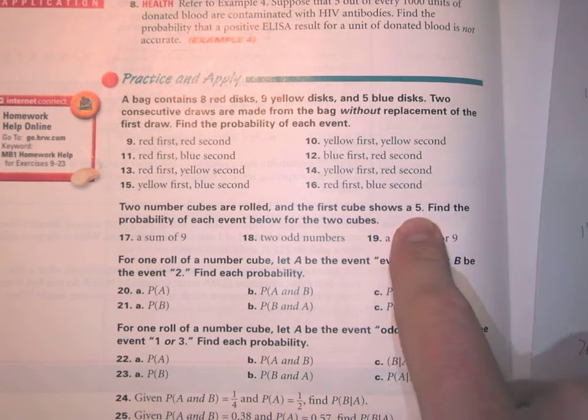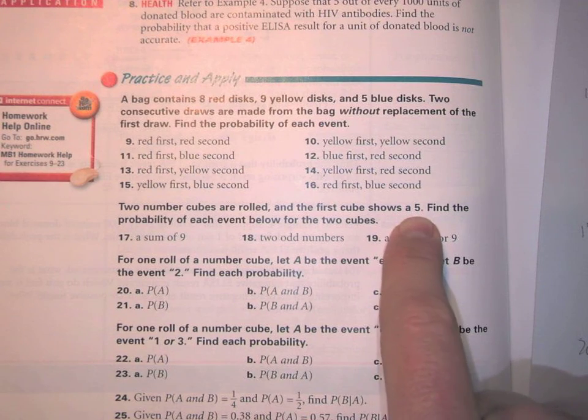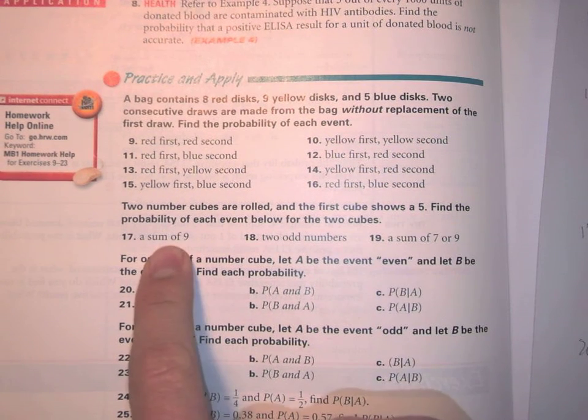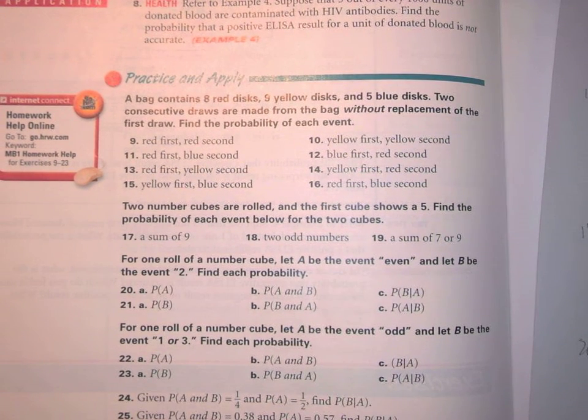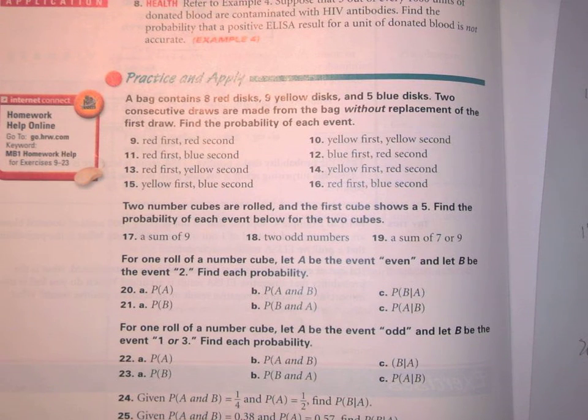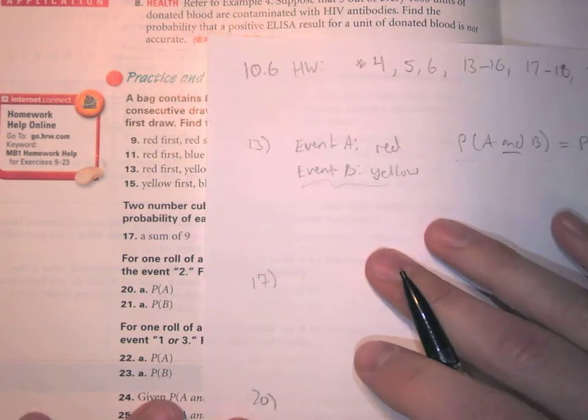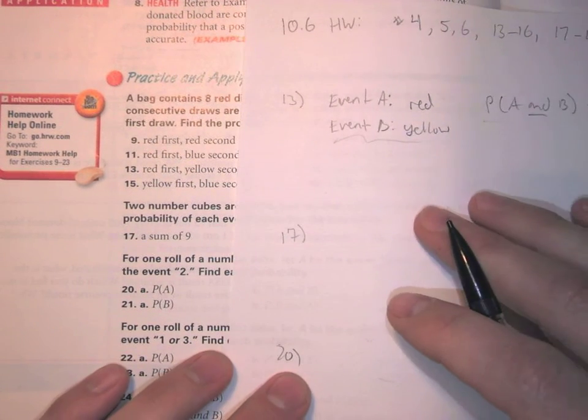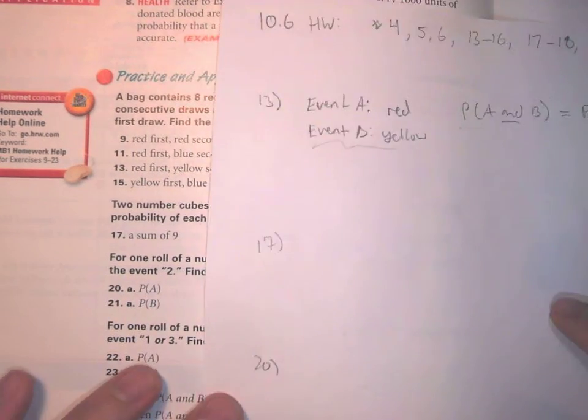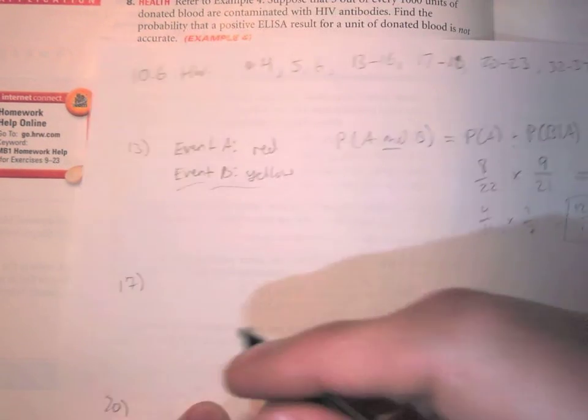If we roll a 5 on the first one, how can we get a 9? How many different ways are there to sum to 9? Well, if the first one's a 5, there's only one option for the second roll, and it's that we roll a 4, because that's the only way that's going to happen. So we'll write this out so we can make sense of it.